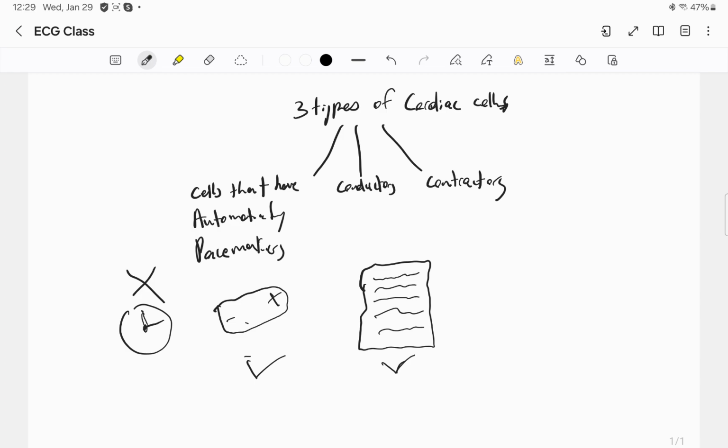And also, all of these cells contract. However, it's the majority of the cardiac myocytes that are involved in actually moving blood throughout the heart. Those are specialized for contraction. So the conductor tissue and the pacemaker tissue don't play a big role in that, right?